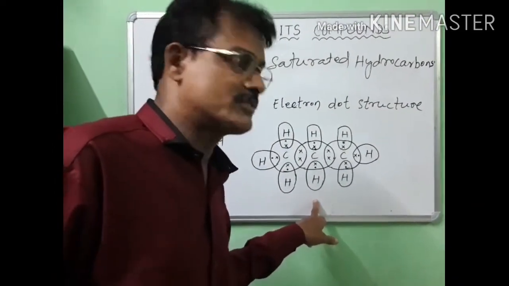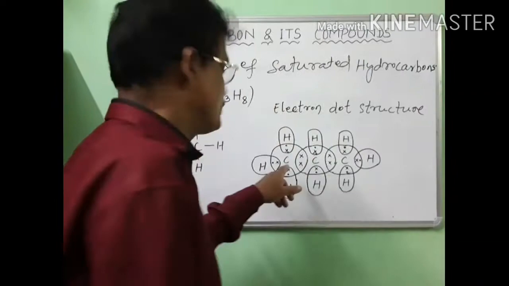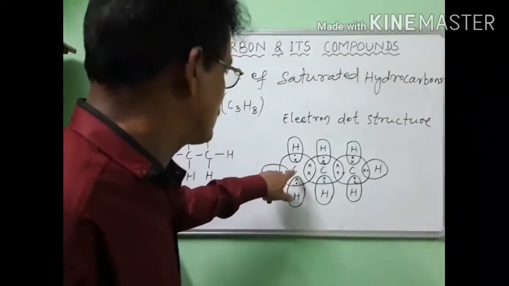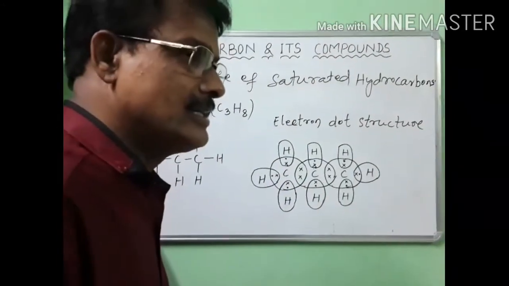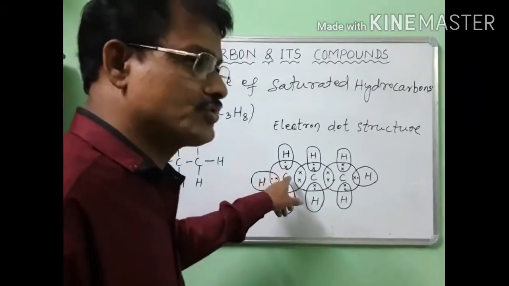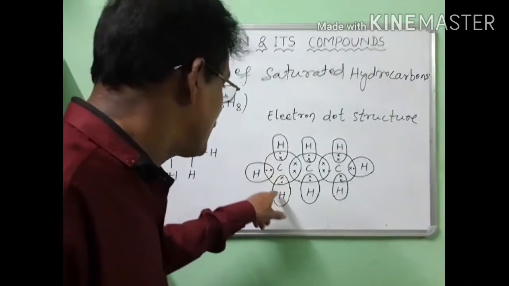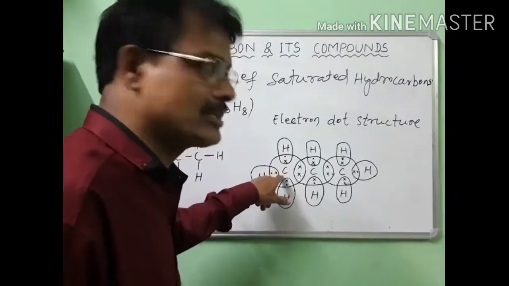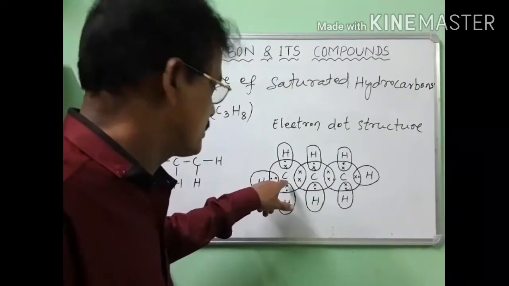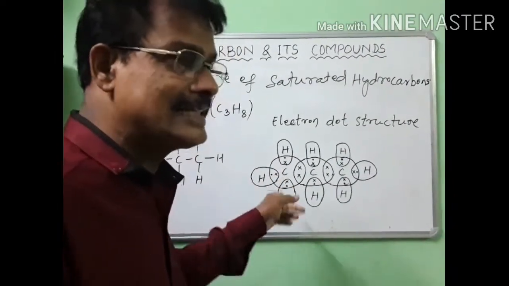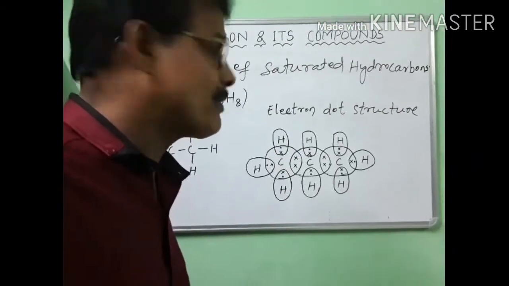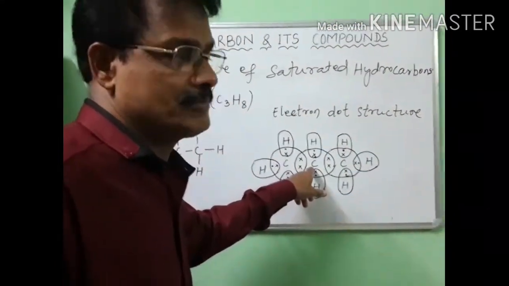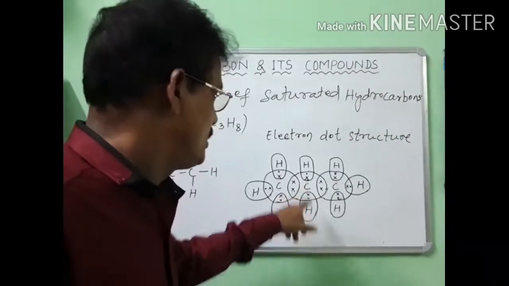You see the first carbon atom shares a single pair of electrons with three different hydrogen atoms individually, and also shares another single pair of electrons with another carbon atom.